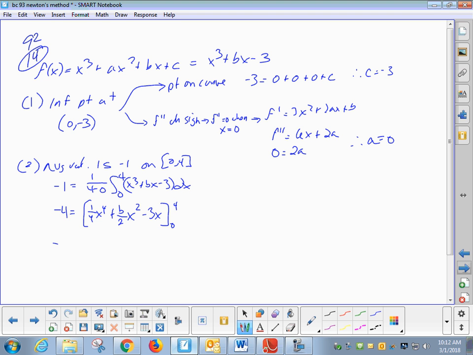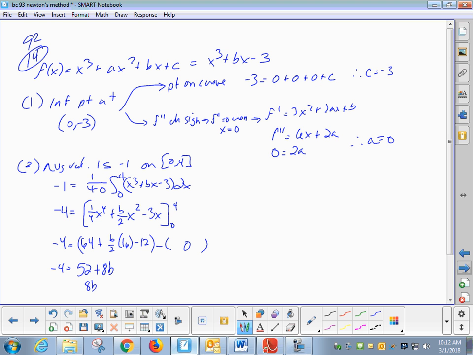Negative 4 equals 1/4 of 4 to the 4th, which would be 4 cubed, which is 64, plus b over 2 times 16 minus 12. All of that minus what you get when you put in a 0, which will just be 0. All right then. That means negative 4 equals 52 plus 8b.